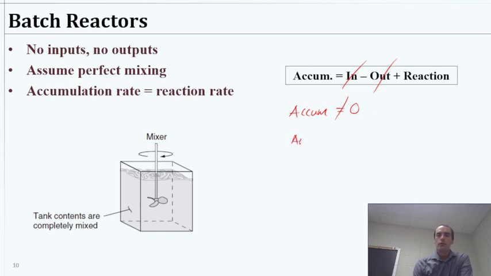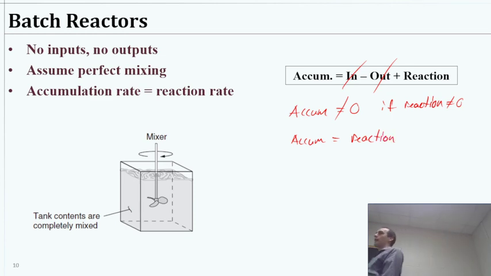Instead, if we have a reaction, we'll say if reaction is not zero, this is going to be just a reaction term. Now, I guess we could have a growth and a decay reaction and reach steady state that way.